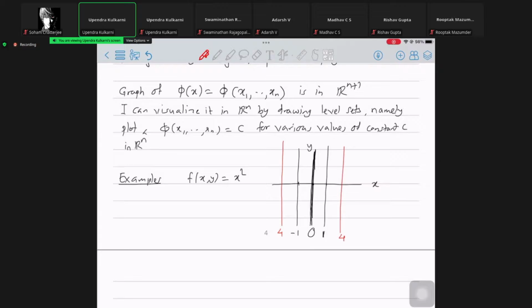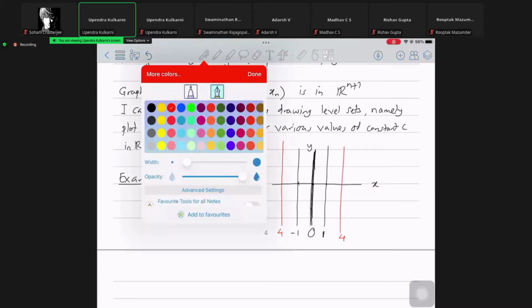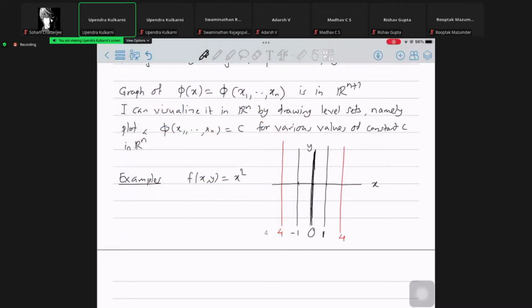And can we draw this in 3 dimensions? Let me make an attempt. The graph is very simple. So let's say this is the x-axis and this is the y-axis. What is the picture going to look like?